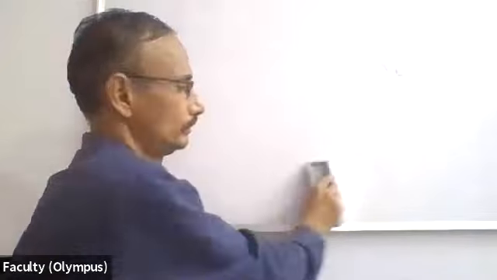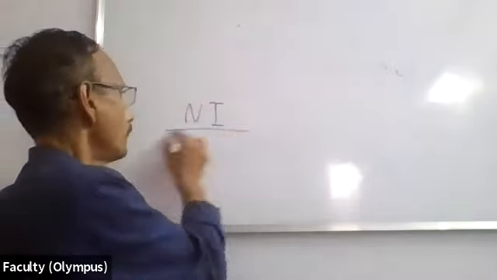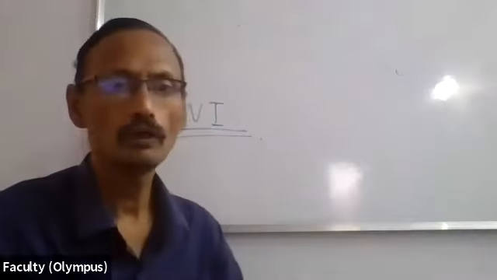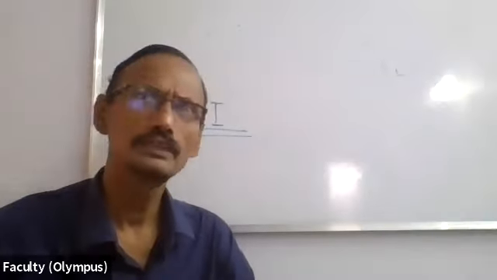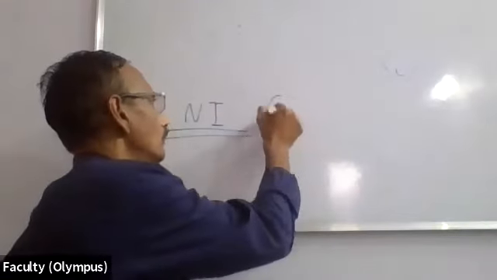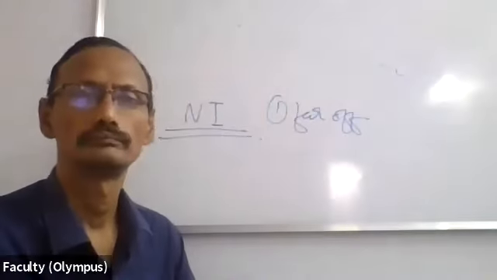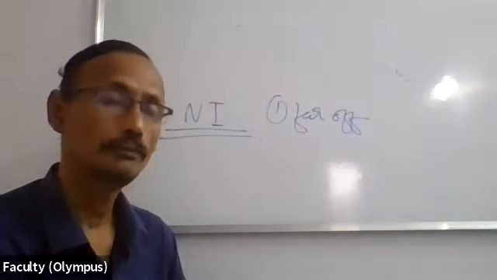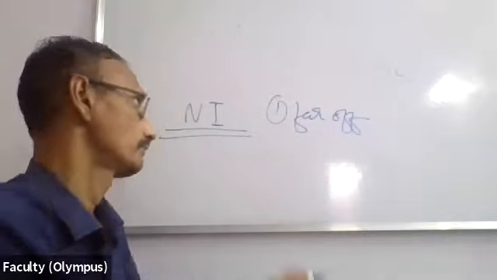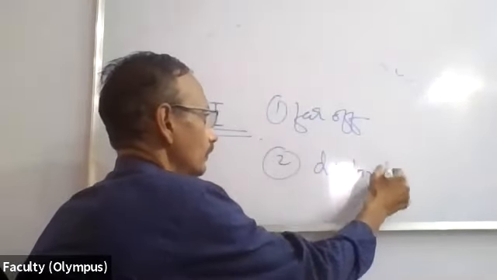Okay. Now, let us look at North India. What North Indians do is that they do things that contribute to patriarchy. Number one, far off place. Bring a girl from a far off place, distant kinwise.